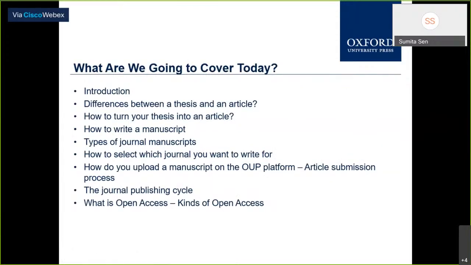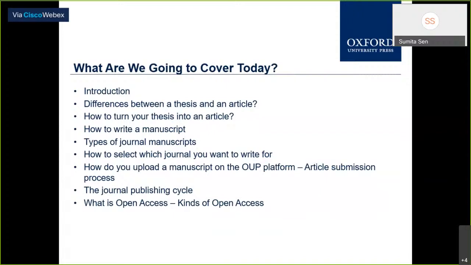So what are we going to cover today? I'll give you a brief introduction on the company, a brief introduction to journals. We will then proceed to talk about the differences between a thesis and an article. We will also look into how you can turn your thesis into an article.